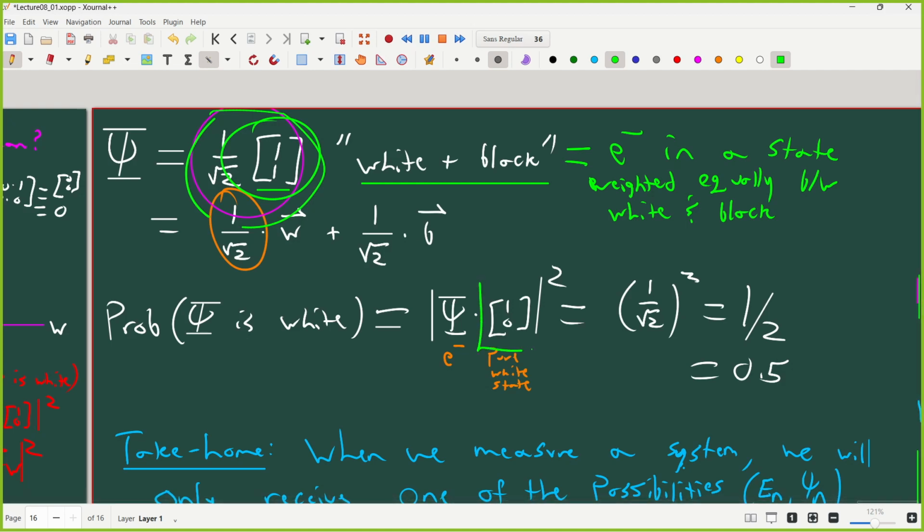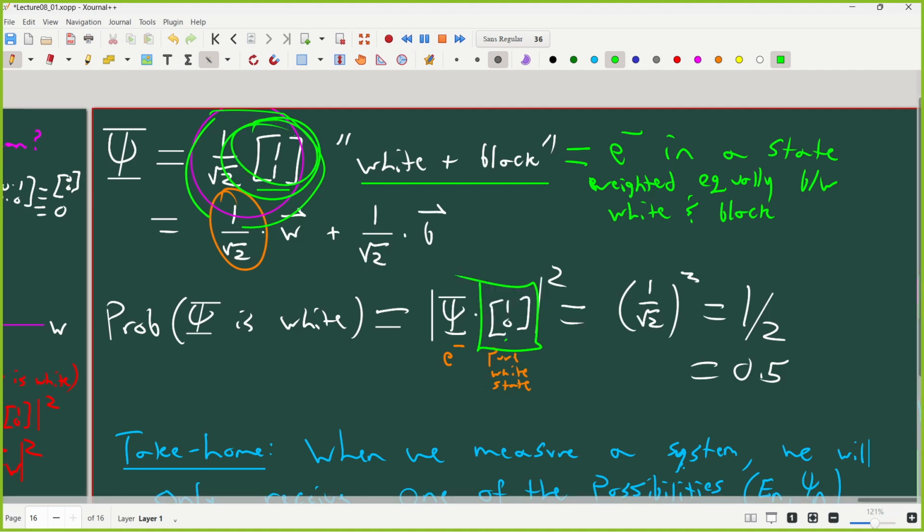Right, so when I write the wave function as 1, 0, this means that it's an electron that 100% of the time when I measure it will be white. That's all that means. This 1, 0 electron is the same electron as the 1, 1 electron. There's nothing different. Electrons are identical. But what's different is I've prepared them in such a way that I've changed the statistics and the probability of my measurement.